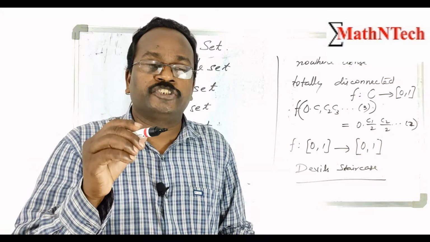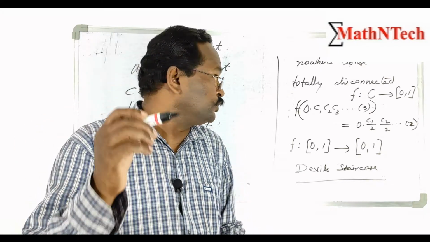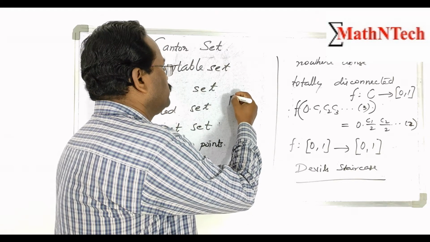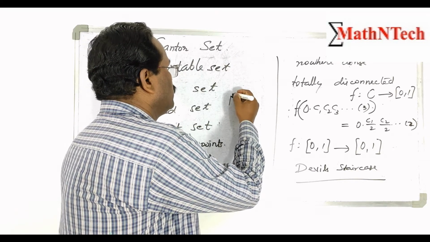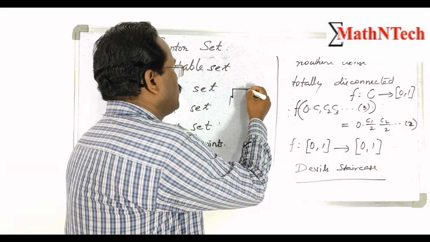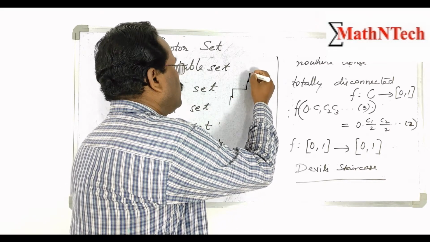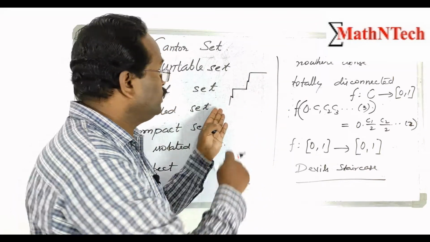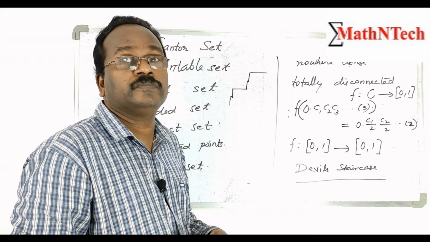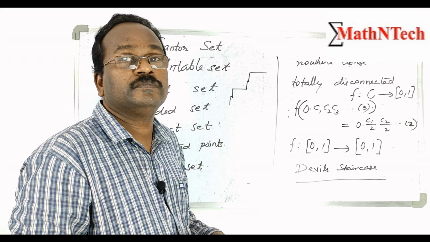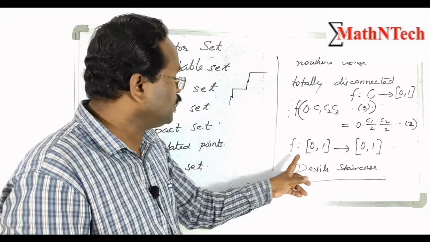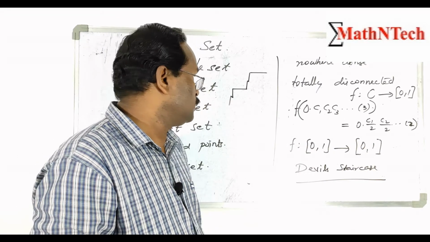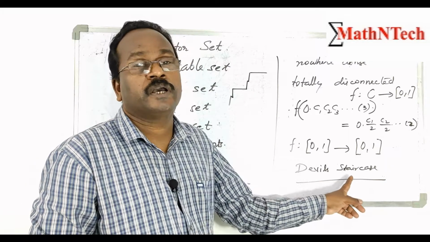An ascent, then a constant value, again an ascent, then constant, like this, from 0 to 1. Infinite number of steps. That extension function f from [0, 1] to [0, 1] is called the Devil's staircase.